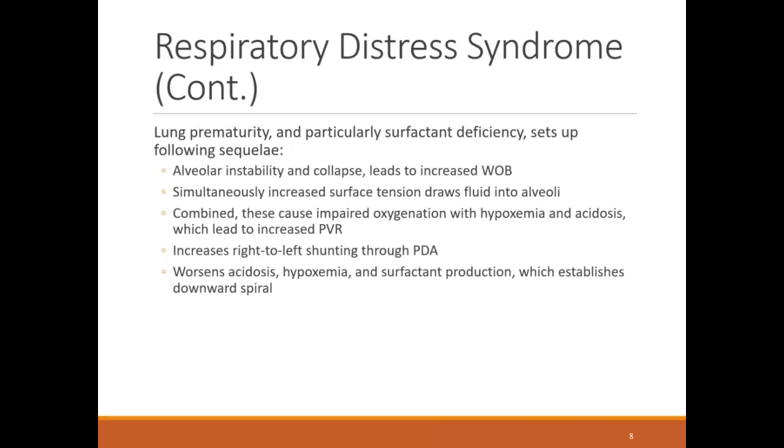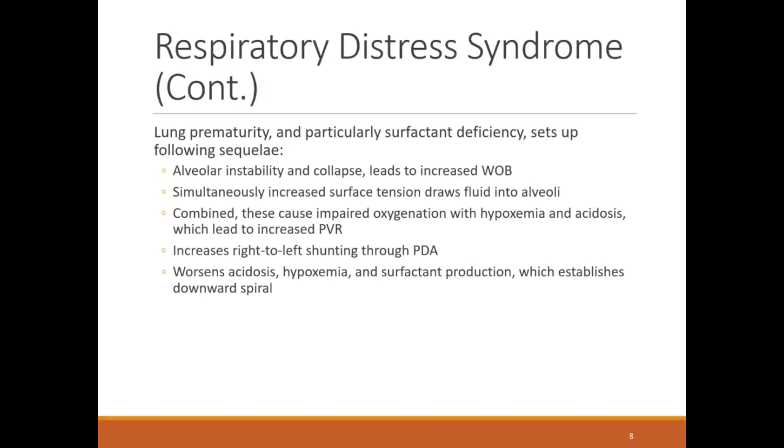So the alveoli, because they don't have enough surfactant to keep them open, are going to be unstable. They're going to tend to collapse. That's going to lead to atelectasis. And because we have that atelectasis, we're going to have worse work of breathing.